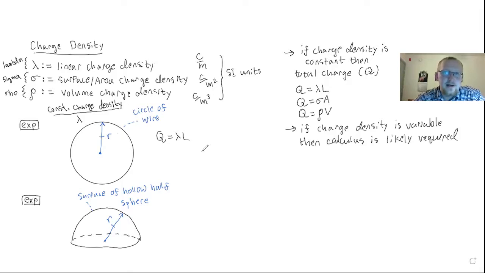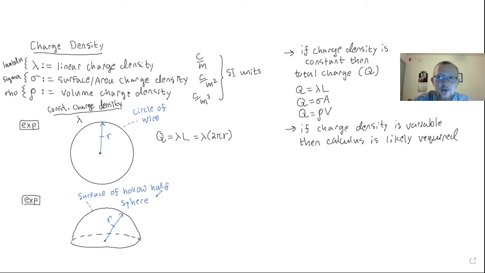In this case, it's the arc length of an entire circle, which is the circumference. So we have lambda, the linear charge density, times the total length of the wire, which is going to be 2 pi r. If we had numbers here, we could plug those in and figure out how many coulombs of charge total are on this circle of wire.